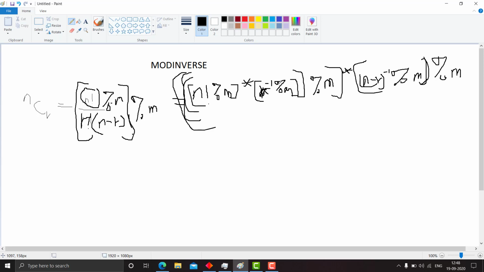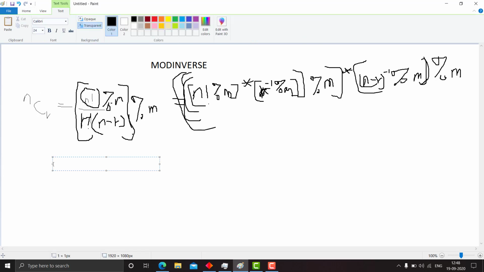What is basically r inverse mod m? The multiplicative inverse of a number a is x if a into x mod m is equal to 1.